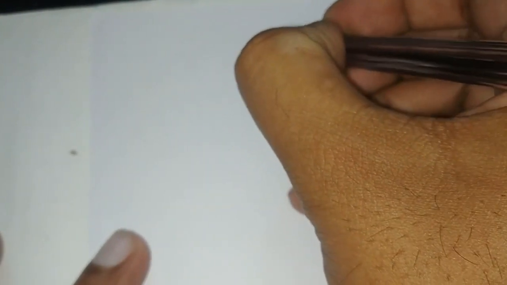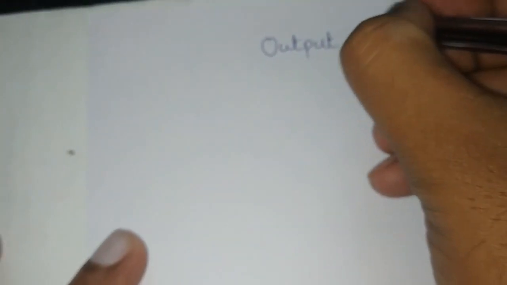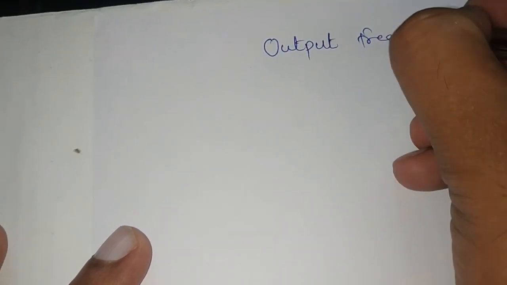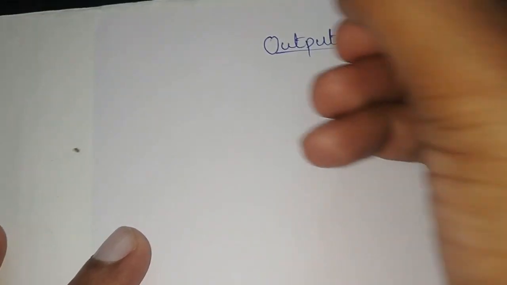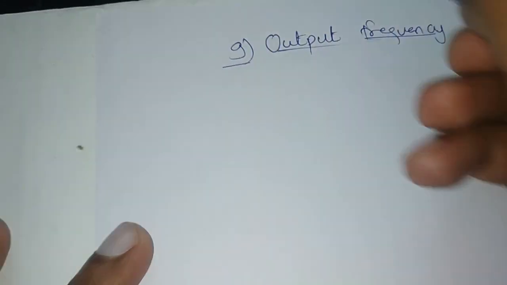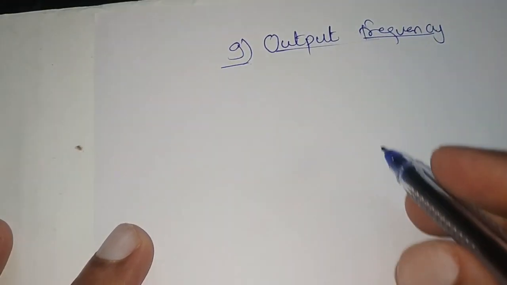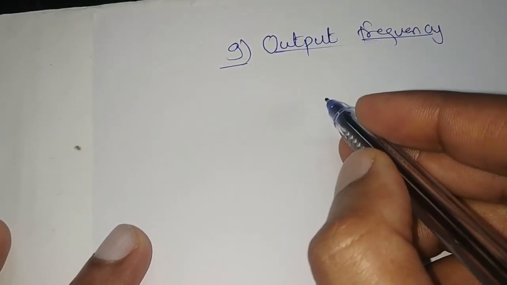The next parameter we have to see is say output frequency. So what is the frequency? Frequency is the number of cycles.